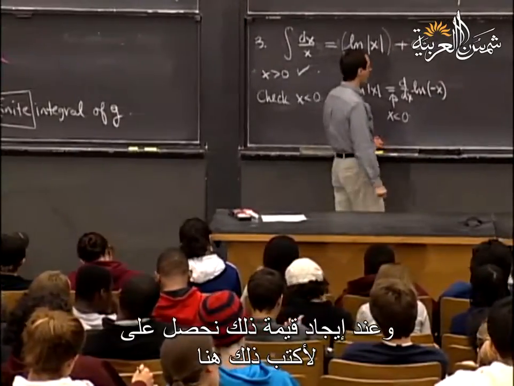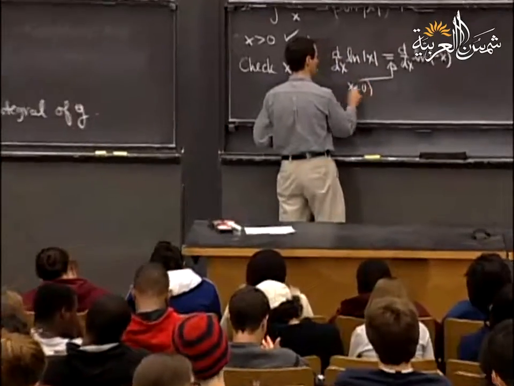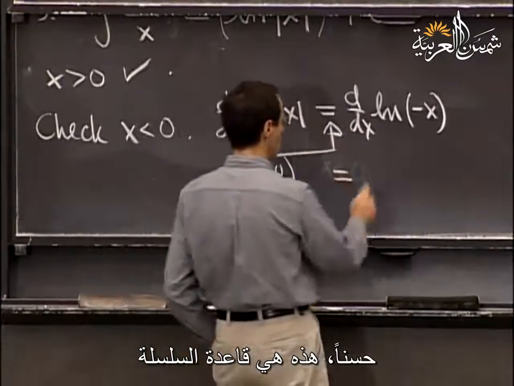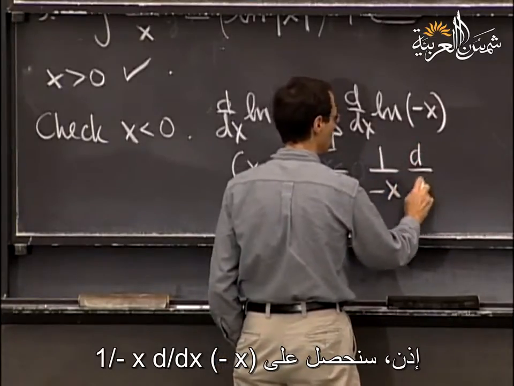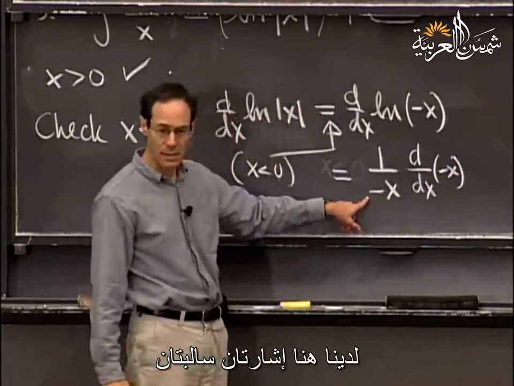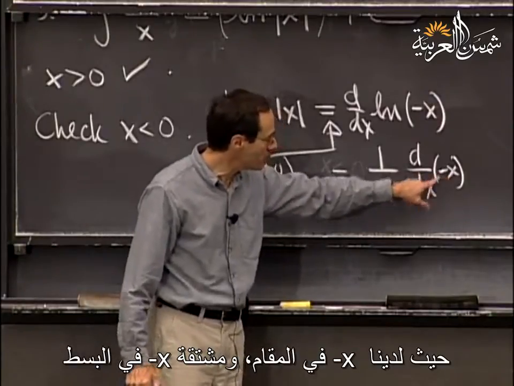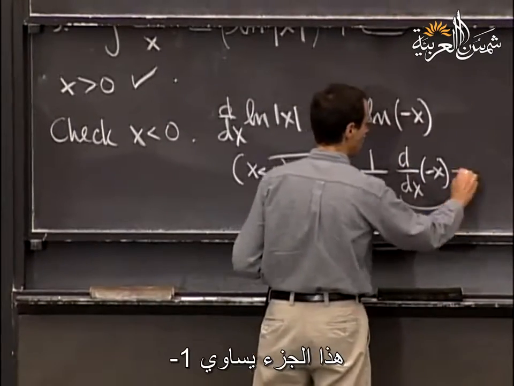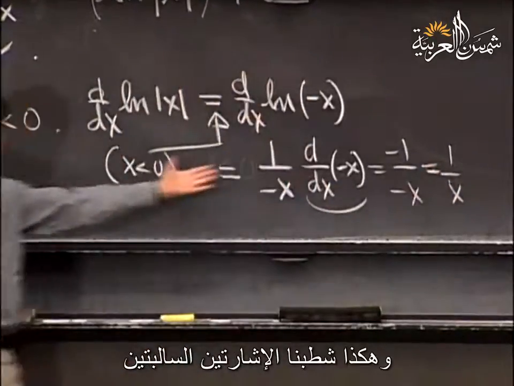And if you carry that out, what you get is, well, it's the chain rule. It's 1 over negative x times the derivative with respect to x of negative x. So see that there are two minus signs. There's a minus x in the denominator, and then there's the derivative of minus x in the numerator. That's just -1. So this is -1 over negative x, which is 1 over x. So the negative signs cancel.